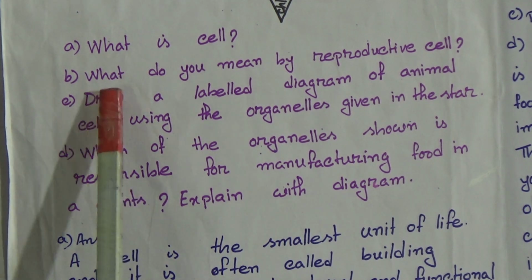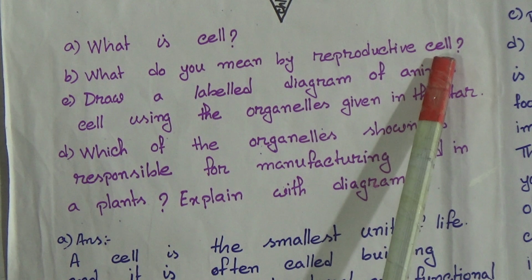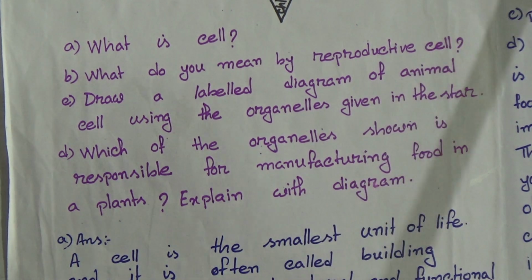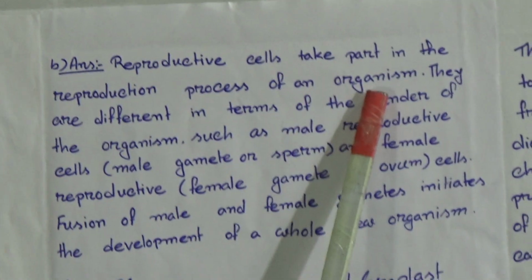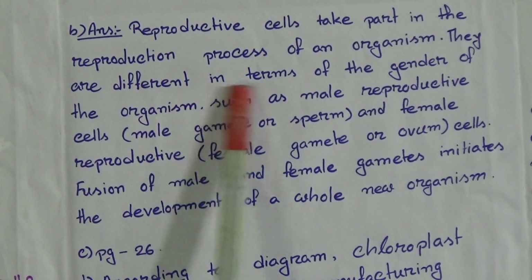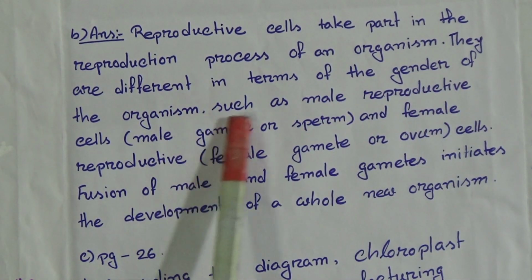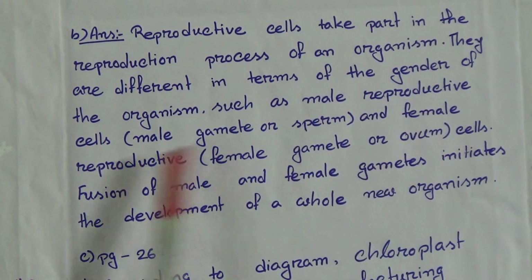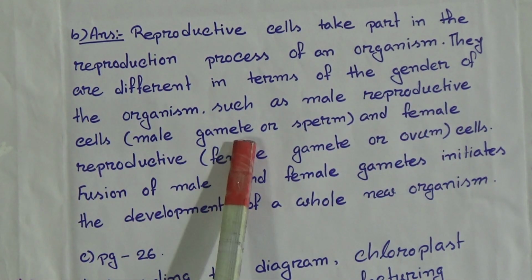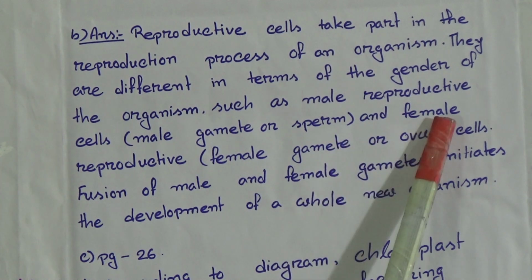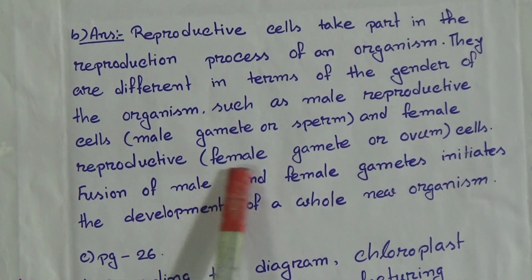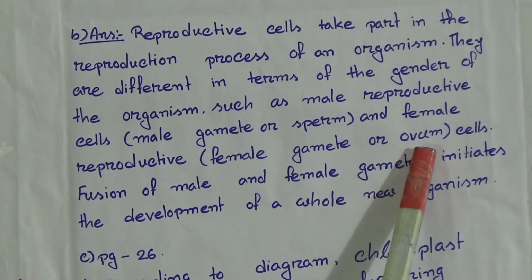Number B. What do you mean by reproductive cell? Answer. Reproductive cells take part in the reproduction process of an organism. They are different in terms of the gender of the organism, such as male reproductive cells, male gamete or sperm, and female reproductive cell, female gamete or ova.